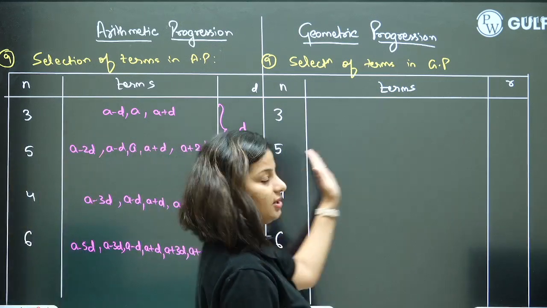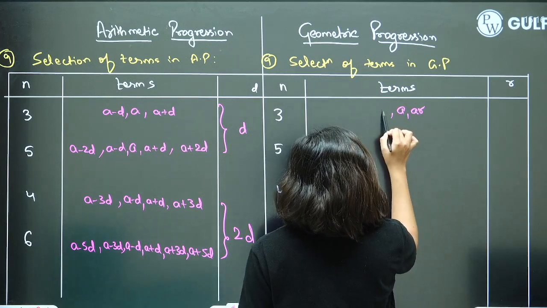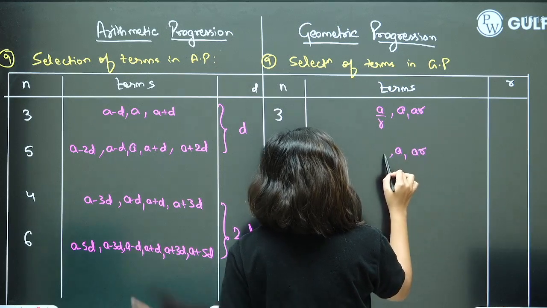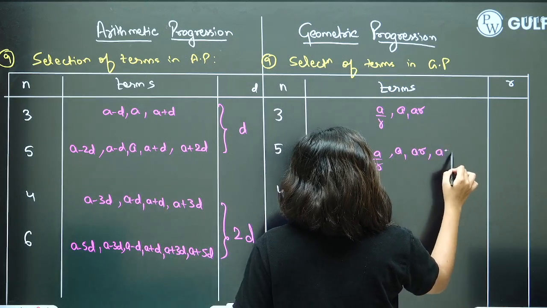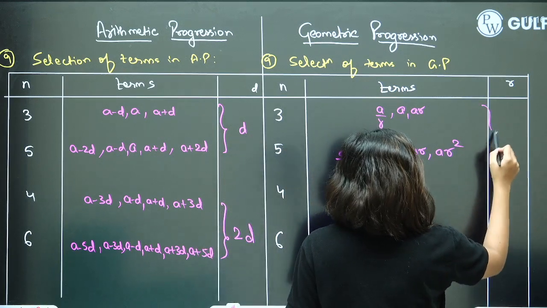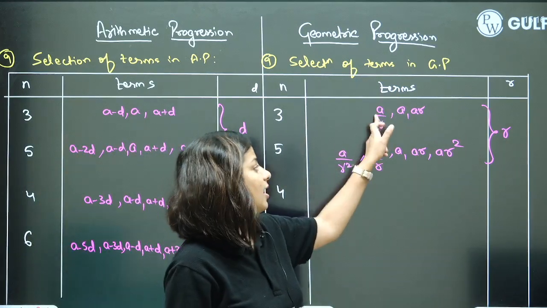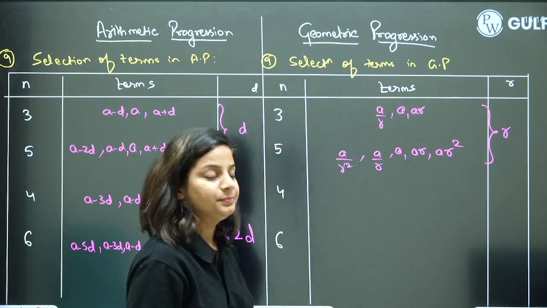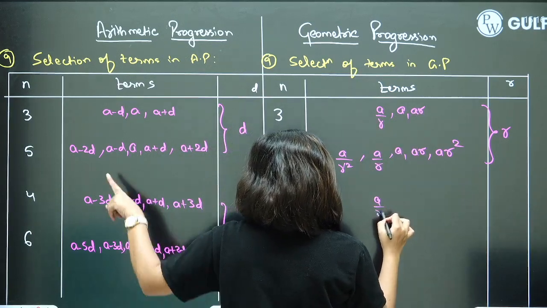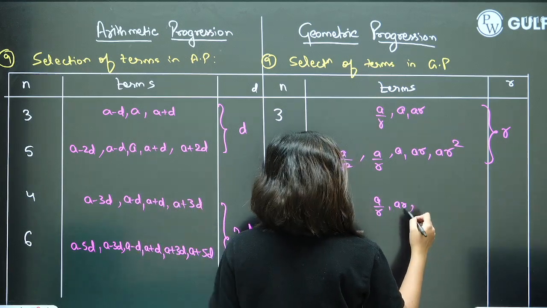Similarly, if it's a GP and 3 terms are needed, 5 terms, you will copy the same like here, but then the difference, not the difference, but the common ratio is R between consecutive. Whereas fourth and sixth, first and last, you will just like here, you wrote the first and last, and then 2 more here and there.